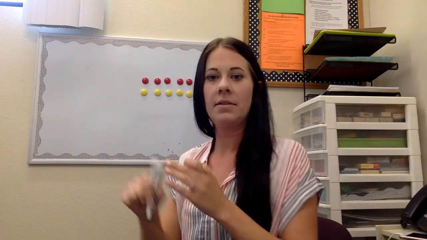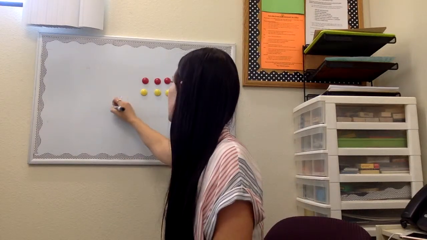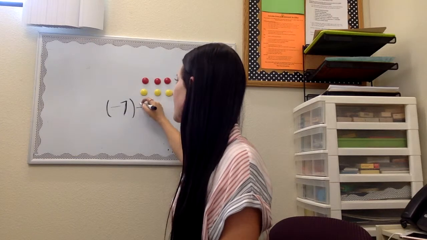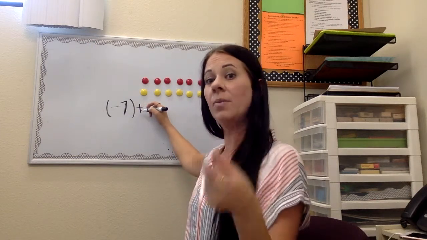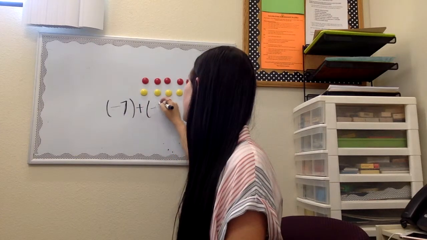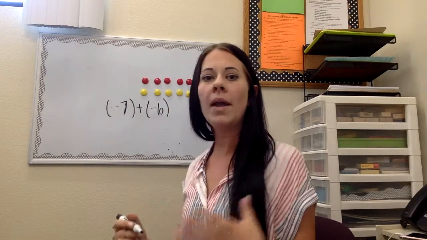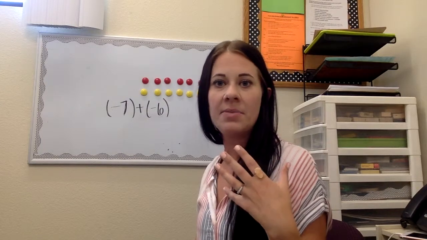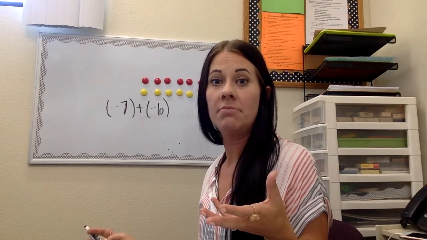If I had negative 7 plus, which is also combined with negative 6, what I want to do is find the absolute value of both these numbers. So the absolute value of negative 7 is 7.